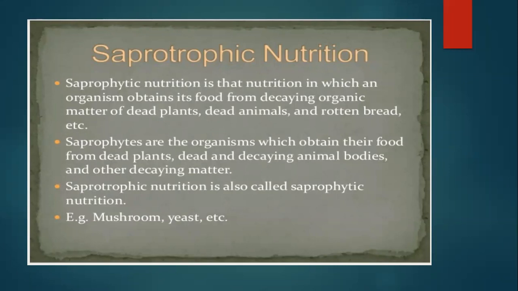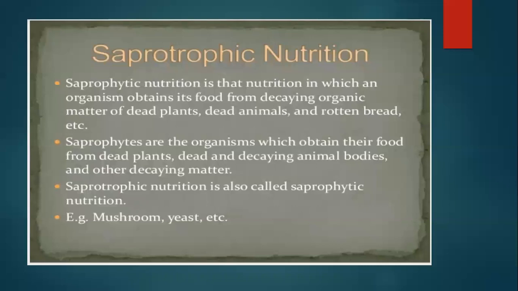The organisms having saprophytic or saprotrophic mode of nutrition are called saprophytes. Saprophytes obtain their food from dead plants, dead and decaying animal bodies, and other decaying organic matter like rotten bread.